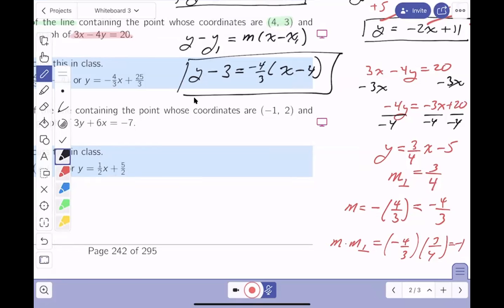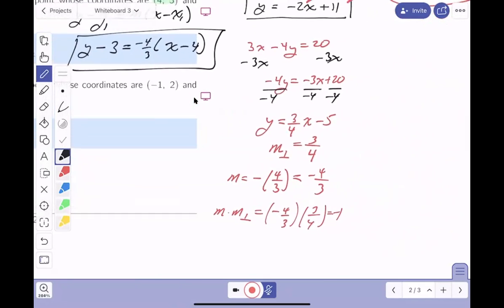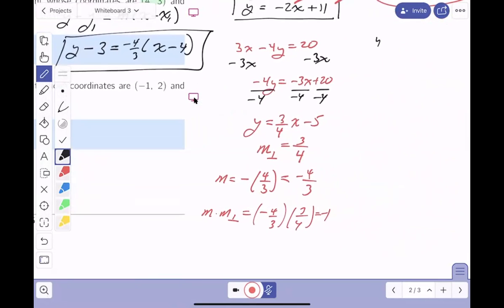All right. I also want to point out for the students that want to solve this for y, you can do that. Let me go through that with you for the students that want to see that. And I'll put this on the side for you. So it's going to be y minus 3 equals minus 4/3 times x minus 4.